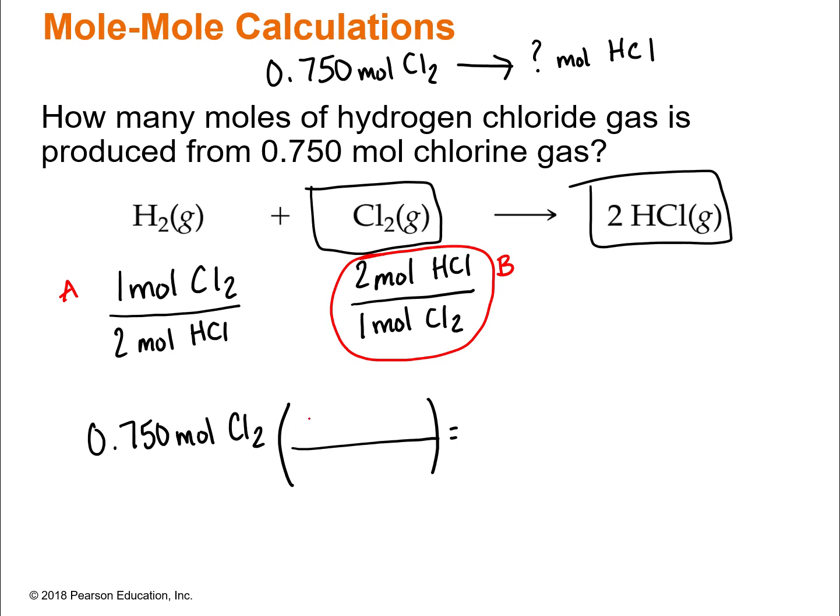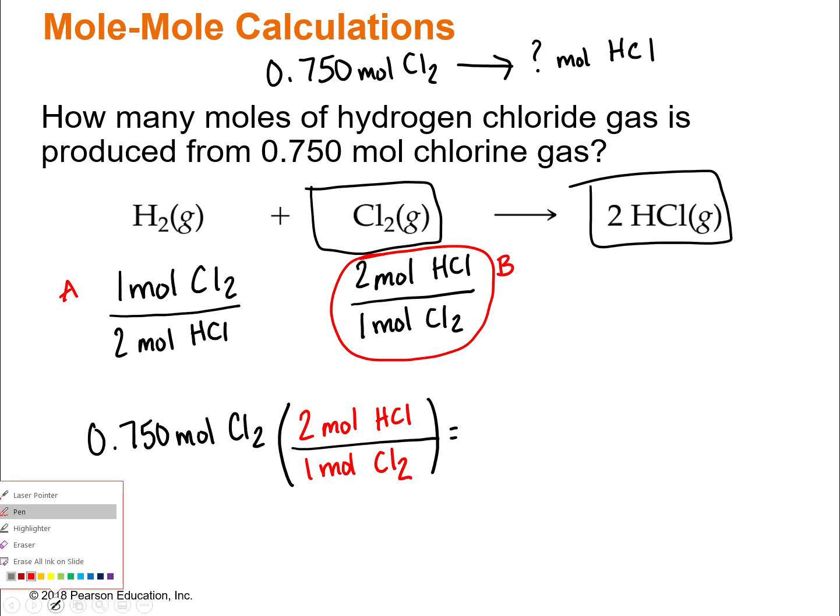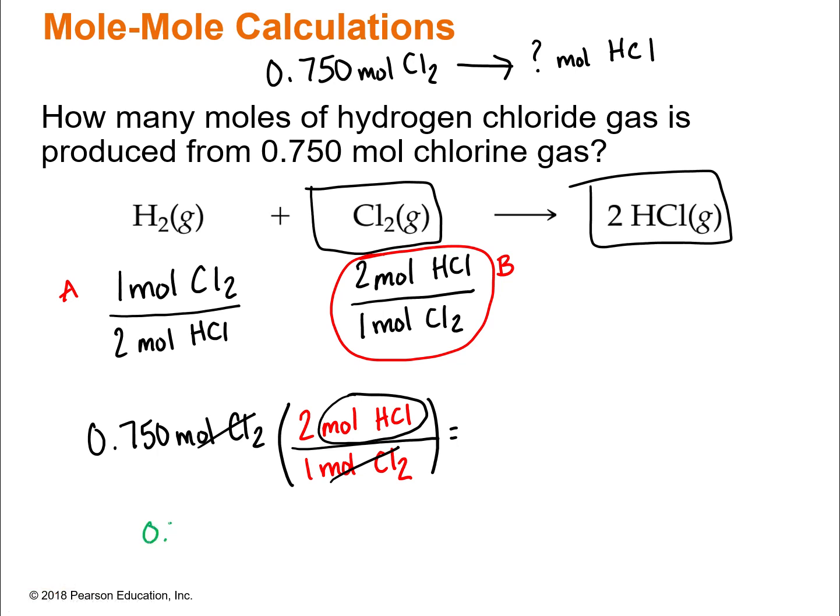It's going to be B. To do the math in your calculator, if you need to, it's 0.75 times 2. And there we go.